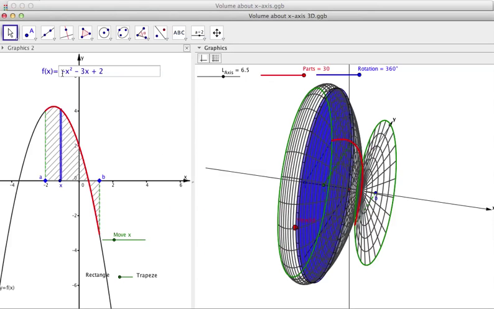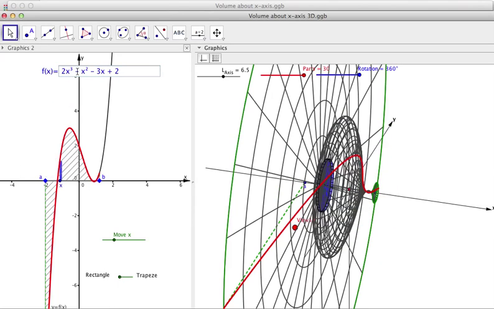Let's have a look at the other one. We had 2x cubed. A bit more difficult to see this one. This very wide part of the diagram here is this, as it falls very quickly. More difficult to see, but you can see there's the small end just over here.